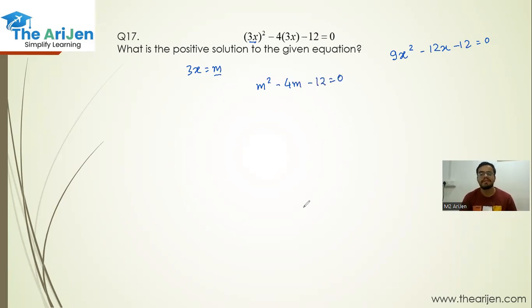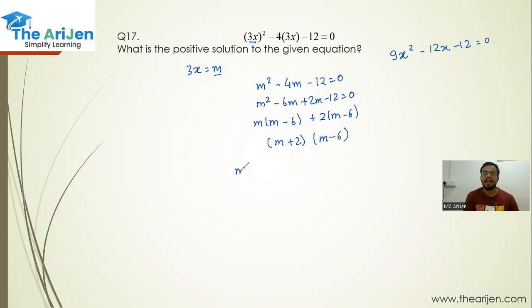12 is what? 6 twos are 12. So we can break this as m squared minus 6m plus 2m minus 12 equals 0. Taking m common, m minus 6 plus 2 times m minus 6. You have m plus 2 and m minus 6, right? So one value is m equals minus 2, the next is m equals 6.